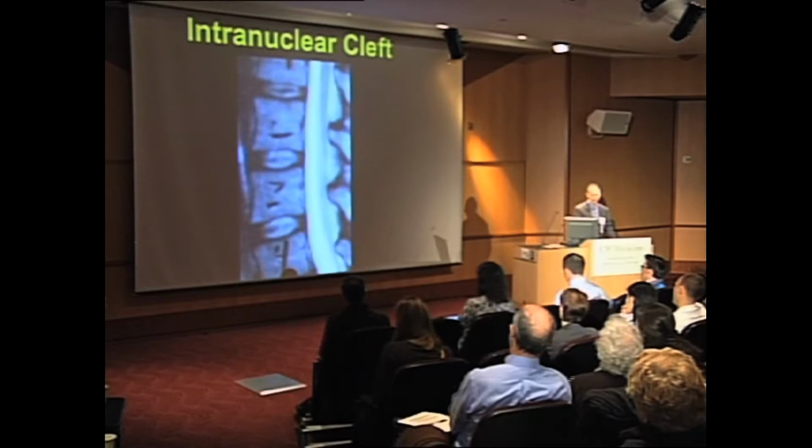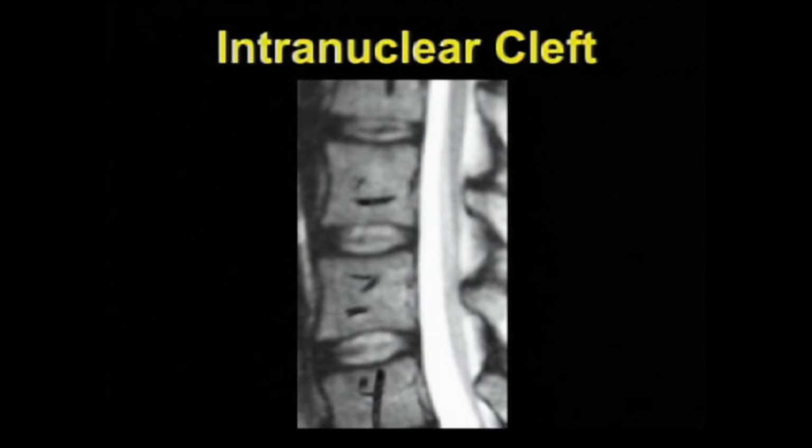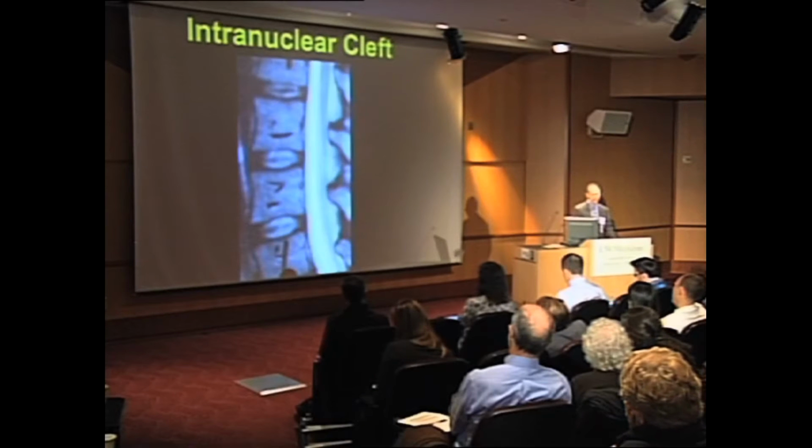Here's an example. It's a sagittal T2 weighted MR of what would be termed normal discs. You can see this dark central line, which is this intranuclear cleft or central band of fibrosis. And by the way, the series of studies that I'm going to be showing are all from a study that we did quite a number of years ago now of patients who did not have low back pain.